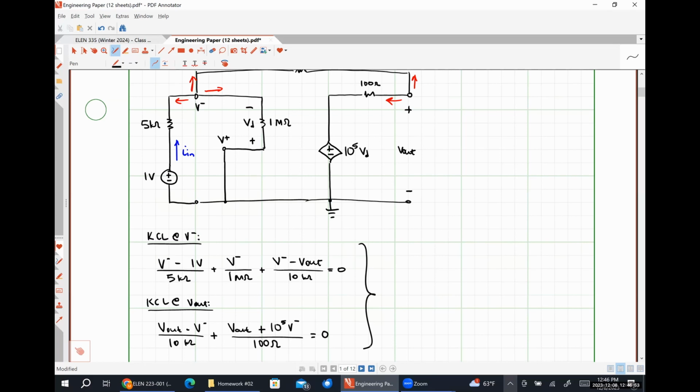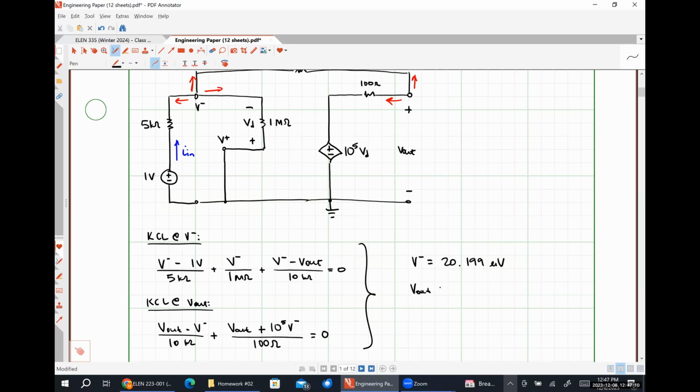Solving this system simultaneously, what we're going to find is that our voltage V minus comes out to be positive 20.199 microvolts.